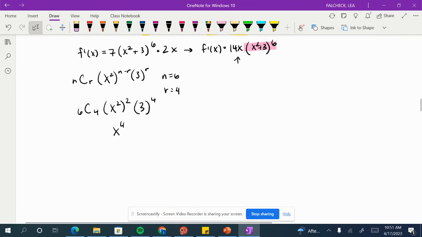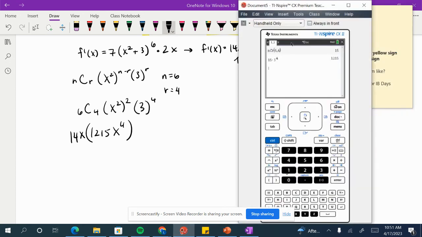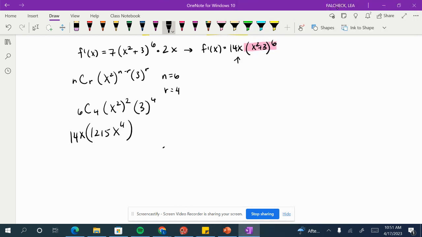So now I have x to the 4th times 1215, and don't forget that it needs to be multiplied by the 14x out front. So we do 14 times 1215, and we get 17010. 17010 x to the 5th. That's it.